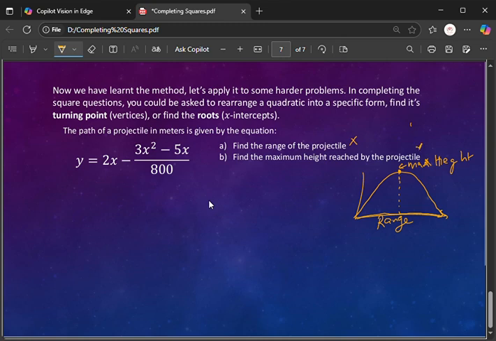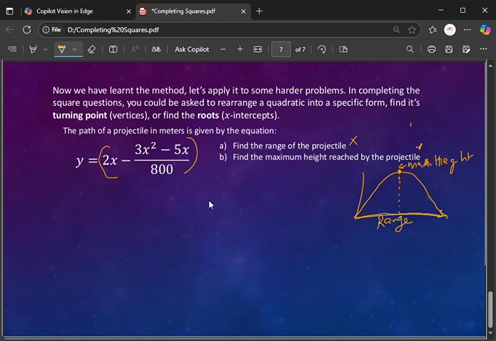So in part A, if you get the value of x, just substitute in this and then you get the value of y. And how do we get the value of x? The value of x will be got by solving this equation. Just work it out, simplify it, make sure it is a quadratic, and then solve. In this case you're free to use completing the square or factorizing.